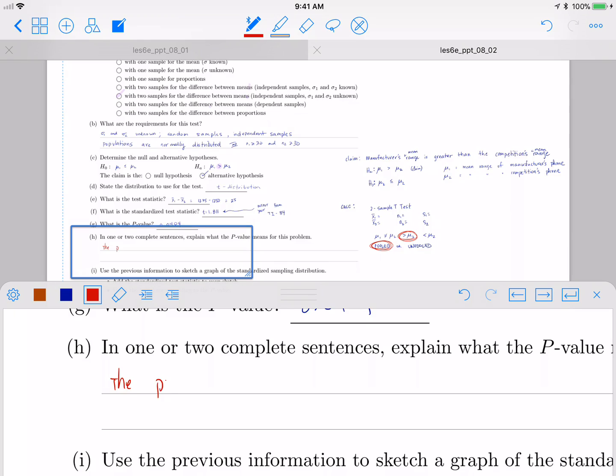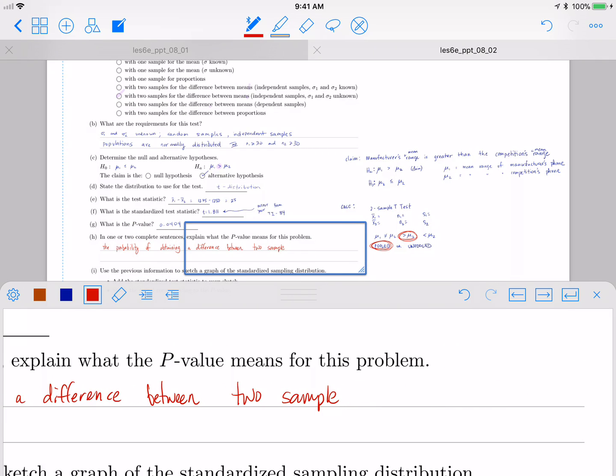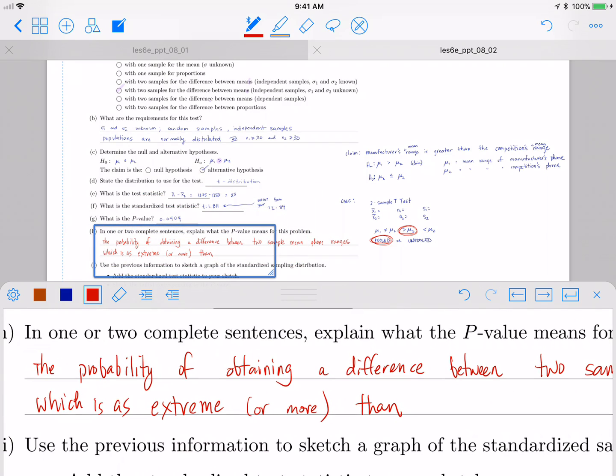It means the probability of obtaining a difference between two sample mean phone ranges which is as extreme or more extreme than 25 feet.